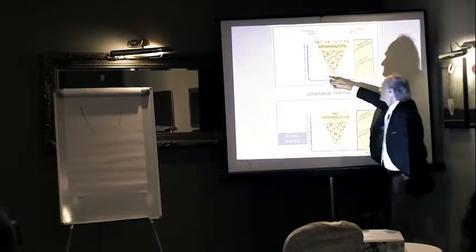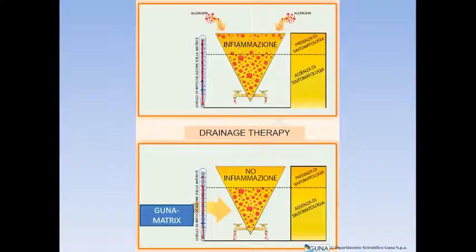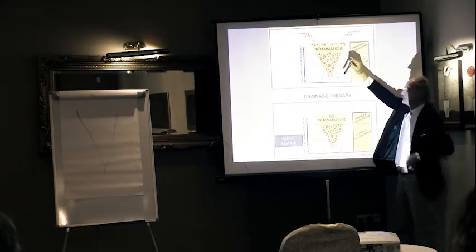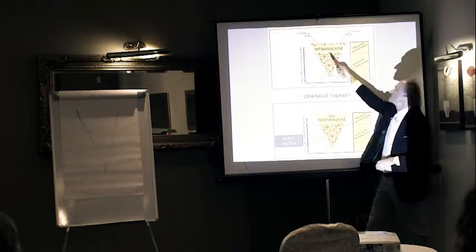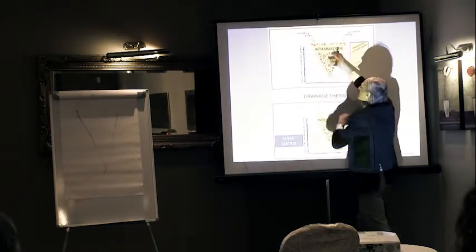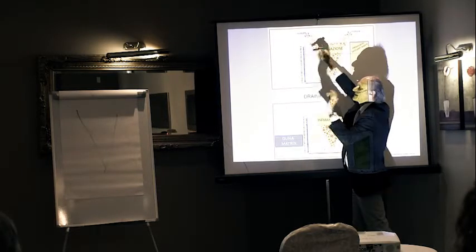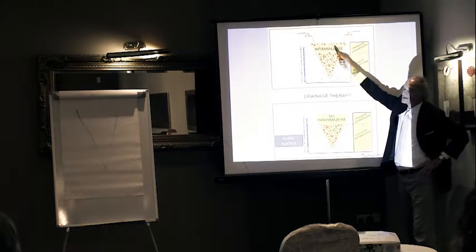If we don't have a good drainage of the extracellular matrix, the only possibility for the body to maintain homeostasis, in order to not have toxins out of the extracellular matrix impregnating the cells, is to burn the toxins.